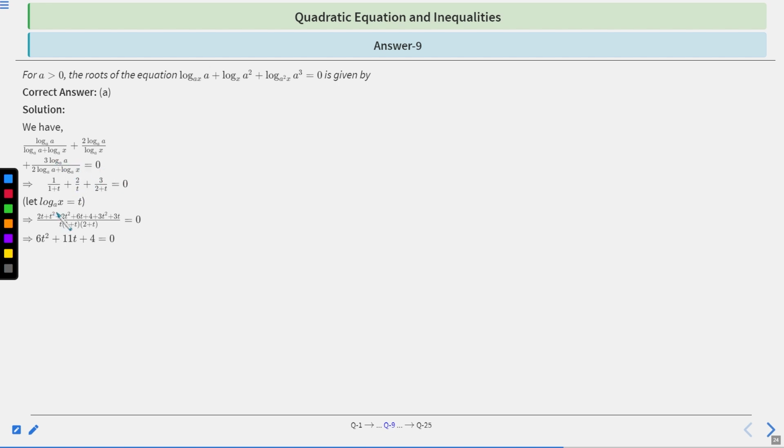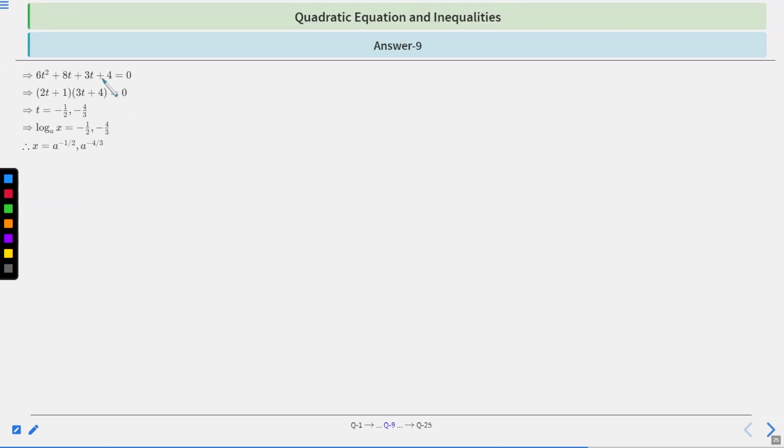Now let's suppose we take log ax as t, right? So log a is 1, clear? So 1 upon 1 plus t plus 2 upon t plus 3 upon 2 plus t equal to 0. By taking LCM and solving this, we get the quadratic equation as 6t square plus 11t plus 4 is equal to 0.